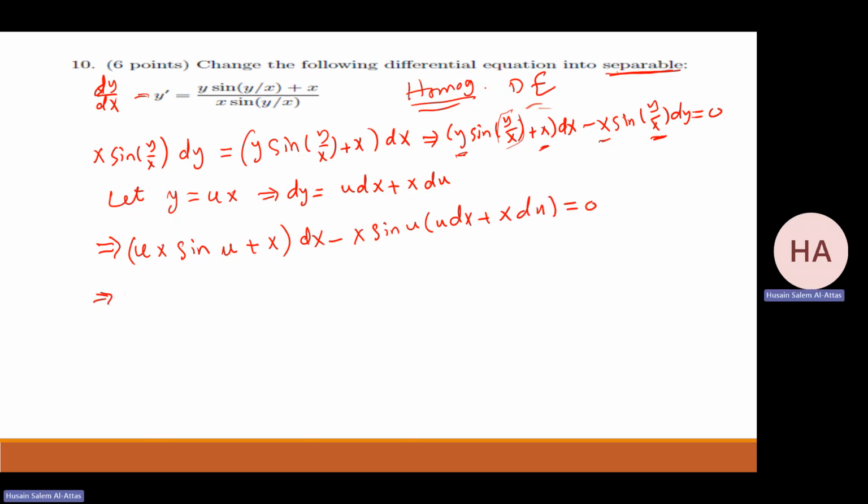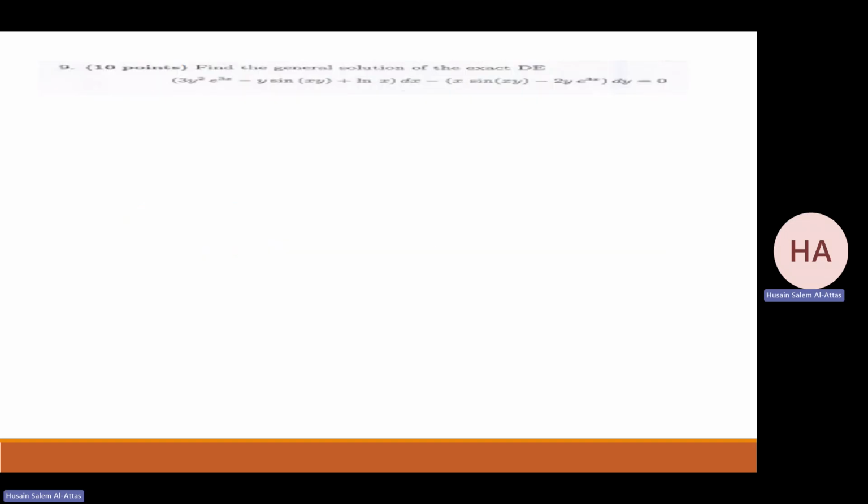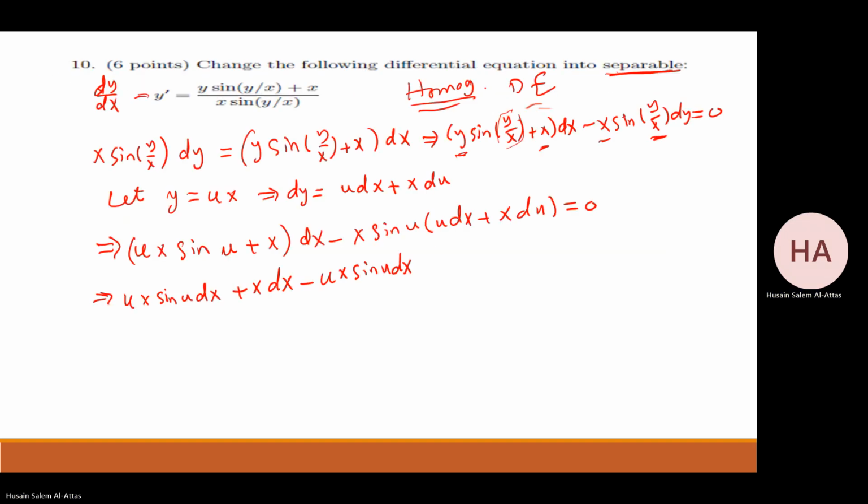Now do the product. That will be ux sine u dx plus x dx minus ux sine u dx minus x square sine u du. Correct? Clear. This one cancelled.